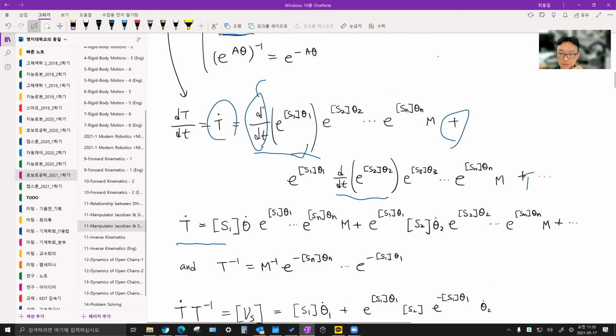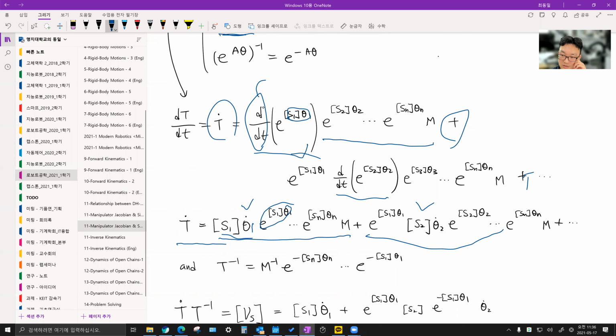Here the screw axis remains, theta 1 becomes theta 1 dot, and this part and all the other things remain. So in this equation the first part is the time derivative, and the second element is the time derivative. So this one becomes plus n times.